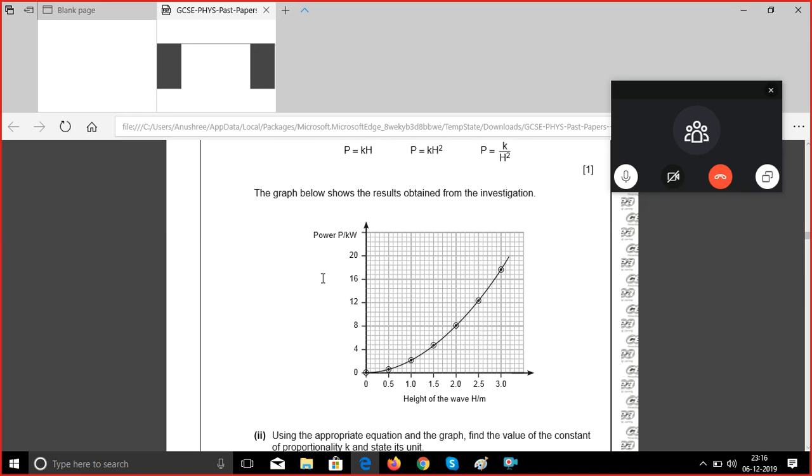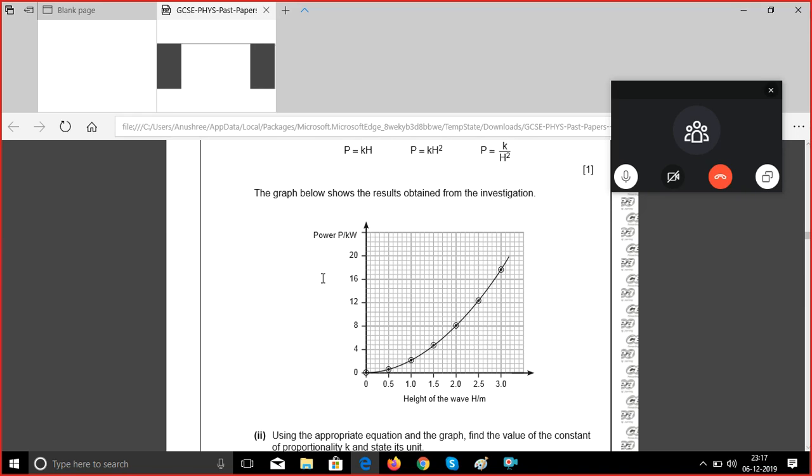So 8 equals k times 4. So we take the 4 to the other side, and it becomes 8 divided by 4 equals k. And k is 2.